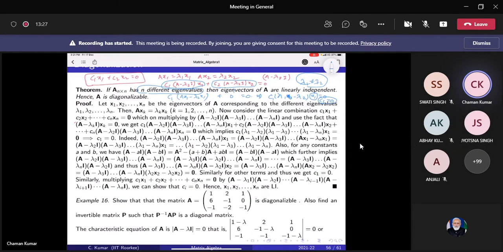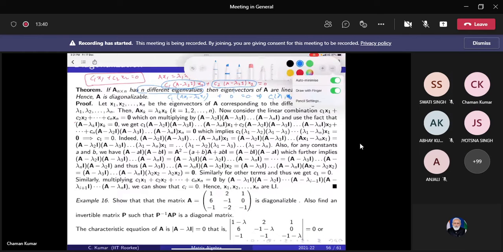Now you extend this idea to the n vectors. Is this fine?